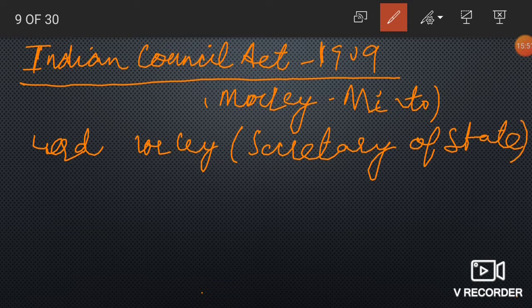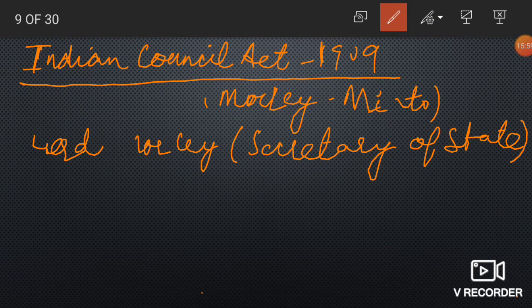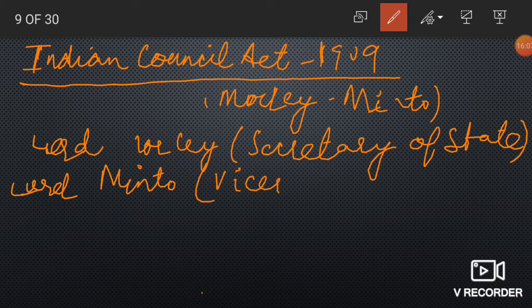Remember, the post of Secretary of State was established by the Act of 1858, and Lord Minto was the Viceroy. By the name of Lord Minto, you should have heard the name of the road in Delhi, Minto Road, Viceroy of India. So these are the two.